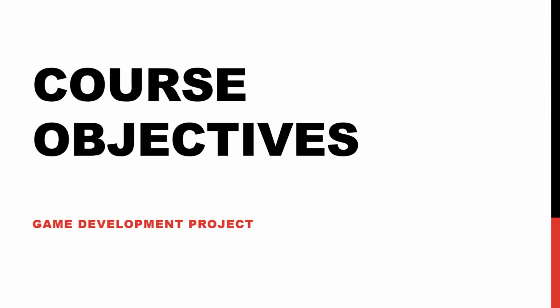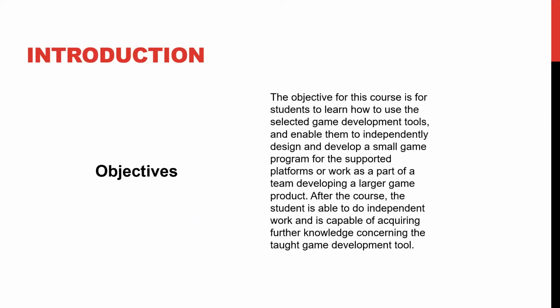Okay, so what do we want to learn during this course? What are the course objectives? What sort of things do we want you to understand, try out and test? Well, the official objectives are here.